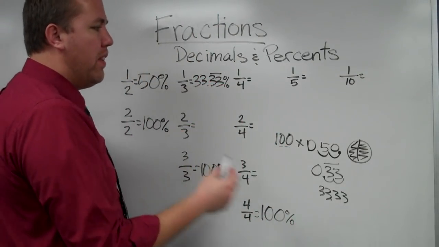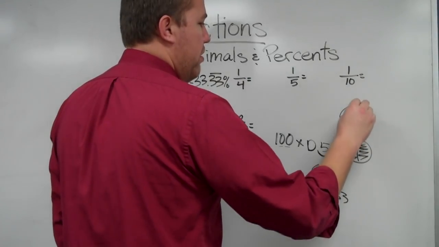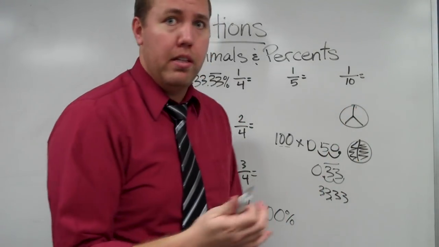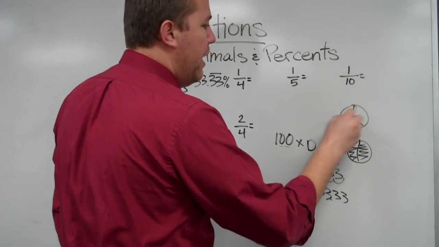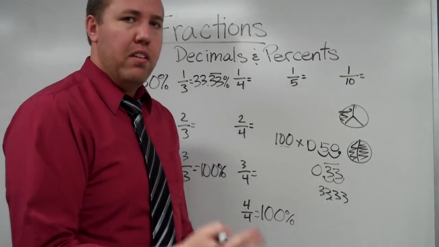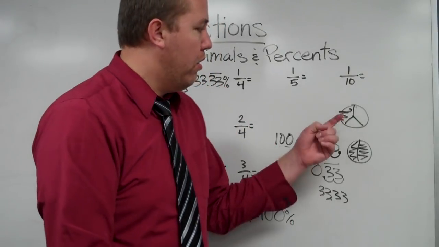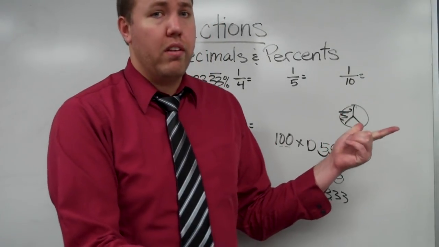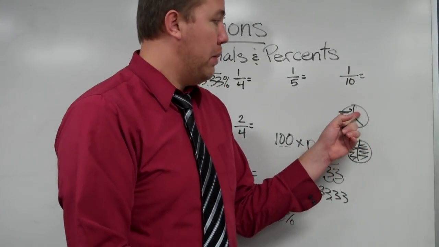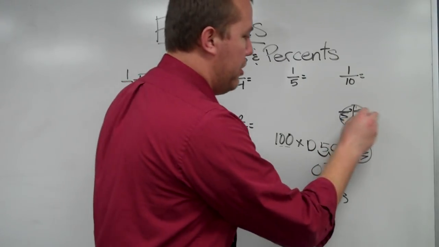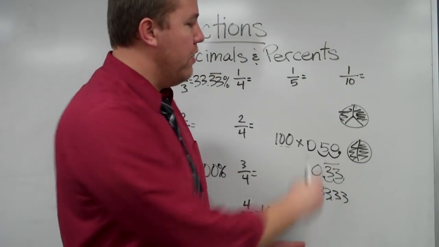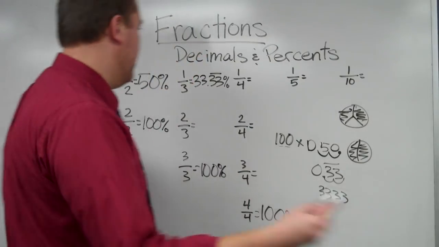Now, if I have 1/3 of a pie, I must be hungry. I'm thinking pies and cookies a lot. If I have 1/3, I know that because it's a fraction, every single piece is even. So I have 1/3 that's at 33.33%, and I have another piece that's at 33.33%. And if I want to look at 2/3, I just do 1/3 plus 1/3 to equal 2/3.